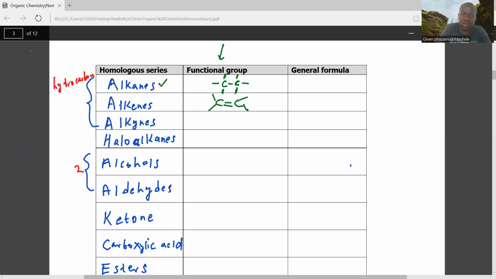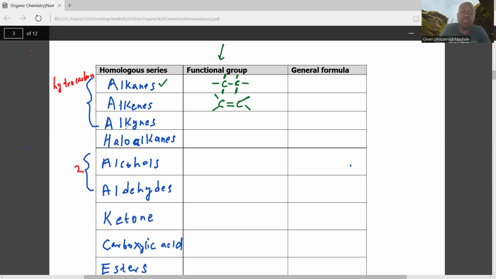If we remove 2 hydrogen atoms from an alkane, we end up having the alkene. So the functional group of an alkene is seen by the double bond between the carbon atoms, where 2 hydrogen atoms are removed from the alkane.